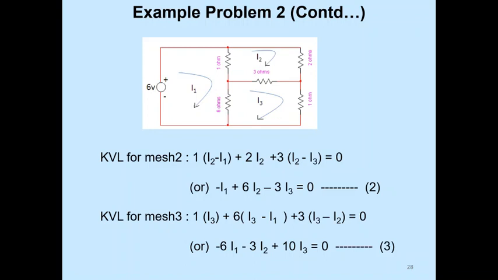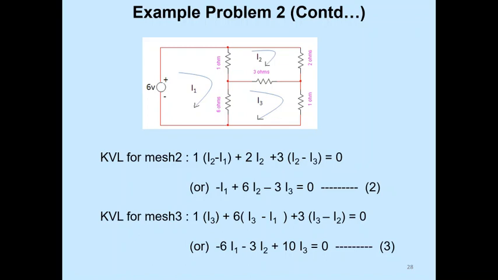And mesh 3, that is 1 into I3 plus 6 into I3 minus I1 plus 3 into I3 minus I2 is equal to 0. So from this we are getting minus 6 I1 minus 3 I2 plus 10 I3 is equal to 0. So these are the 3 mesh equations.